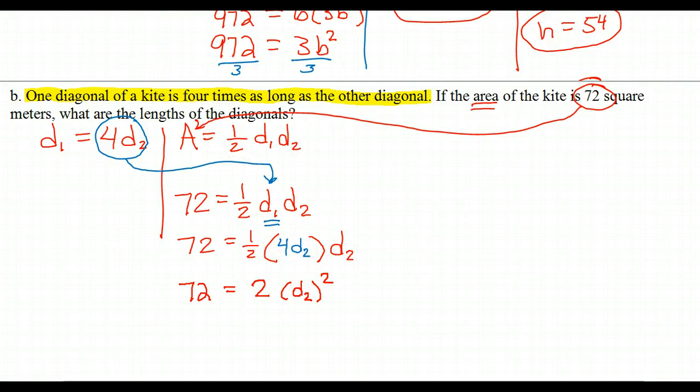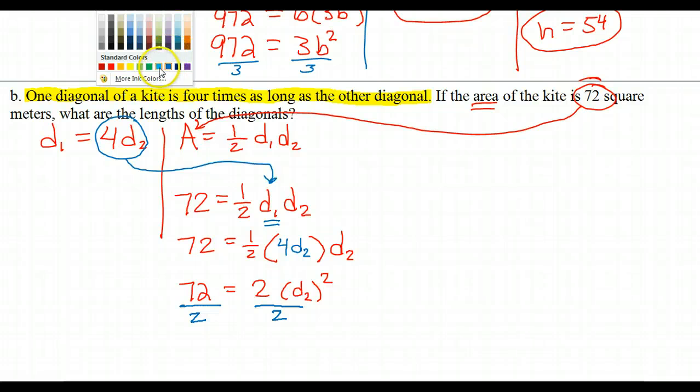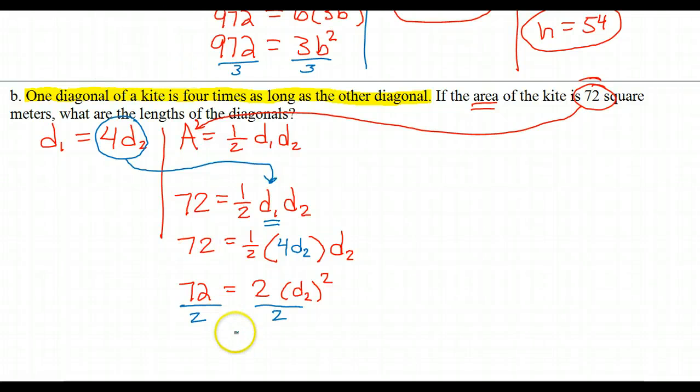If I divide both sides by 2, alright, trying to get that diagonal 2 by itself, then I have 36. Okay, so diagonal 2 squared is now equal to 36.